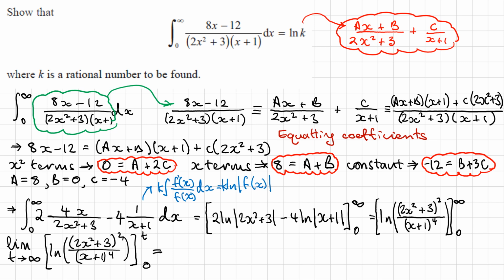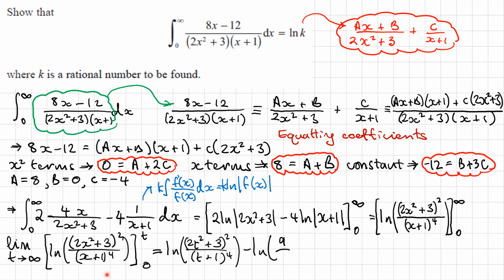We'll put that t in, so we'll have log of 2t squared plus 3, that's all squared, over t plus 1 all to the power 4, minus the log of, well, we're basically going to be putting 0 in here, so 2 times 0 squared, which is 0 plus 3, so it's just 3 squared at the top, so I'll get 9.